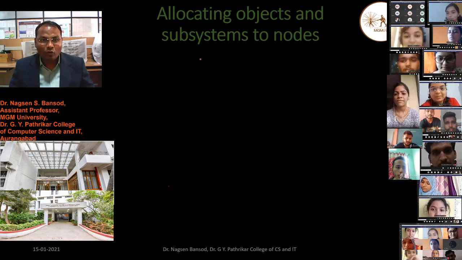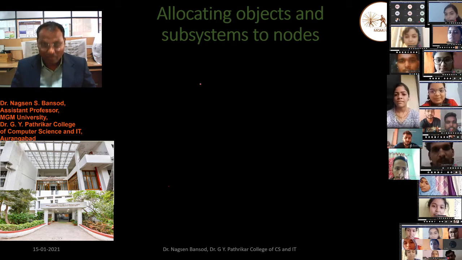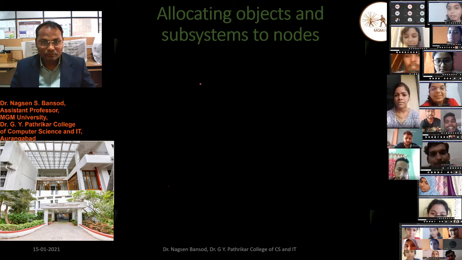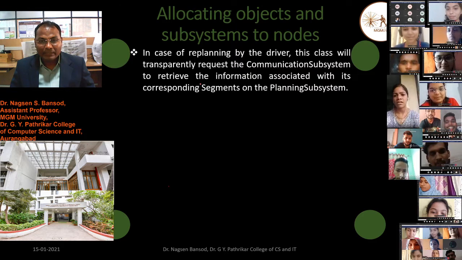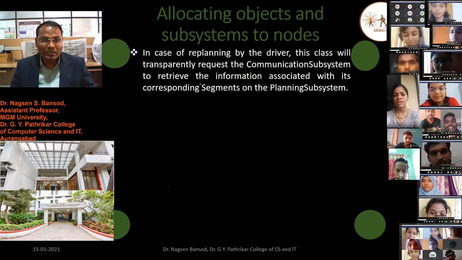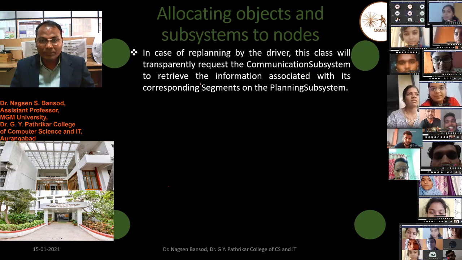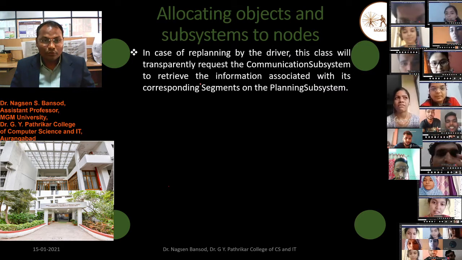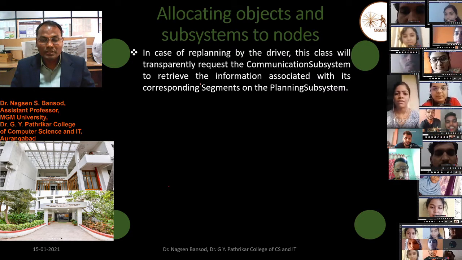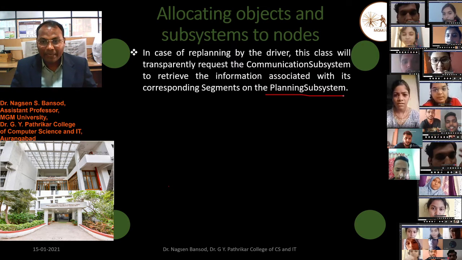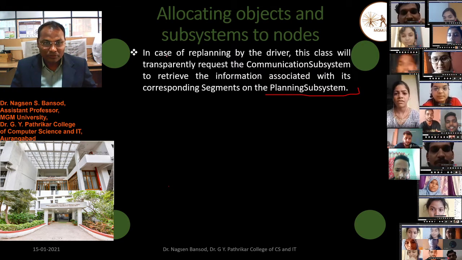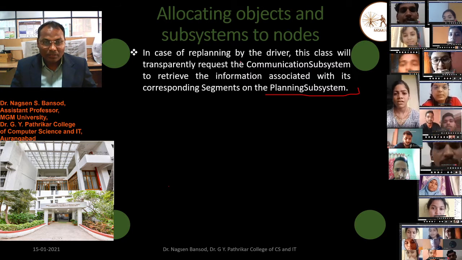Now, allocating object subsystems to the nodes. In case of replacement by the driver, this class will transparently request the communication subsystem to retrieve the information associated with its corresponding segment on the planning subsystem.